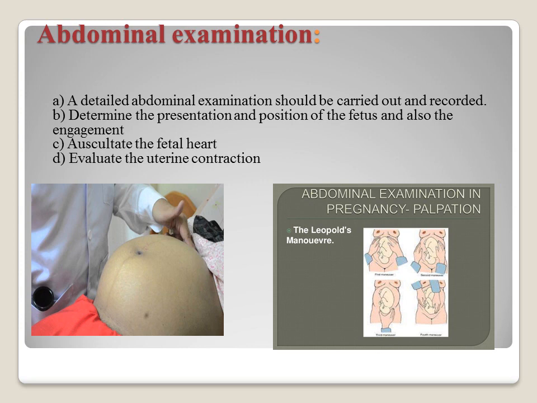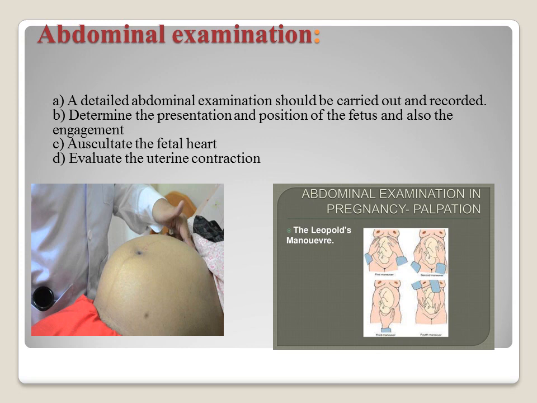Third thing, excuse me, we should also do a pelvic grip. A pelvic grip is to determine, in the first degree, which part of the baby occupies the lower uterine segment, and that's done by two hands.